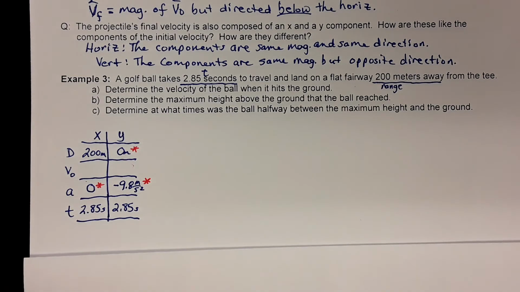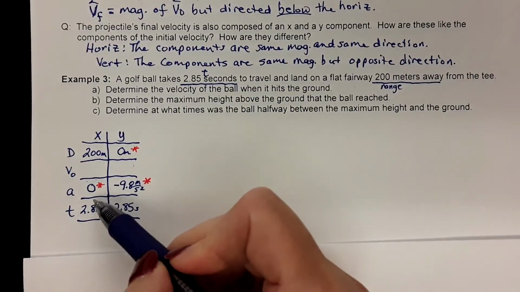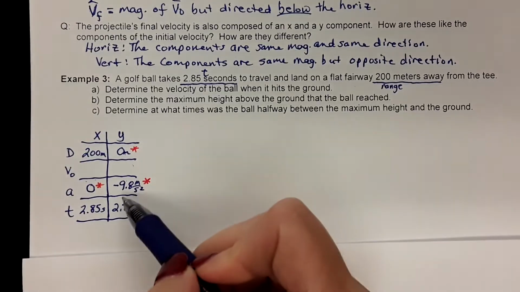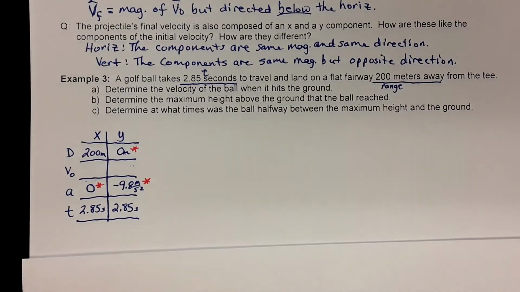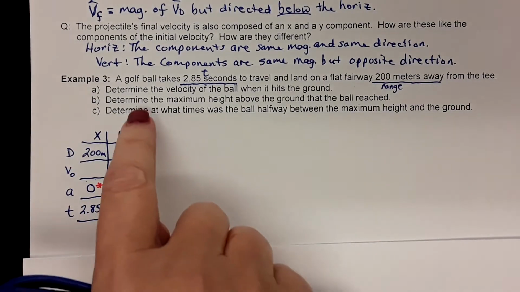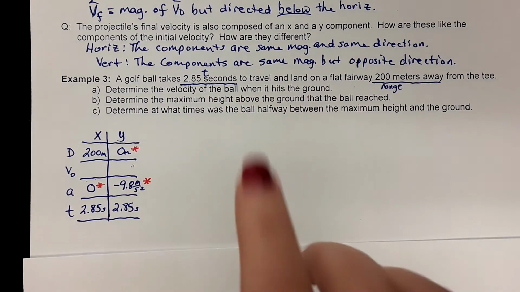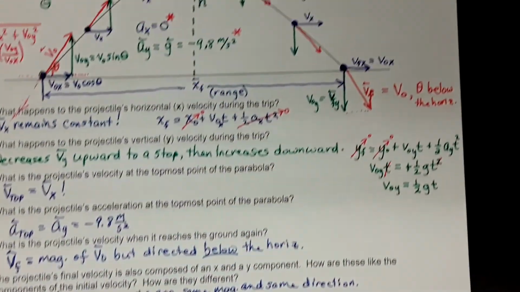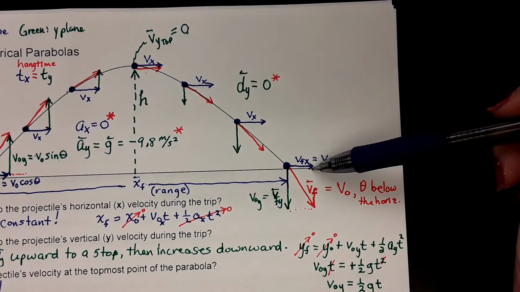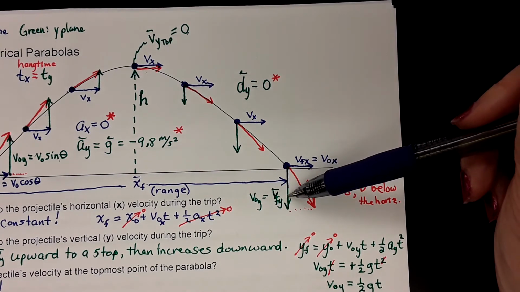All right, so now, there we go. Oh, hey, look, 3 knowns, 1 unknown. Hey, we can do this. Now look what it says. Determine the velocity of the ball when it hits the ground. Okay, so what are they talking about? Are they talking about this? Are they talking about this?